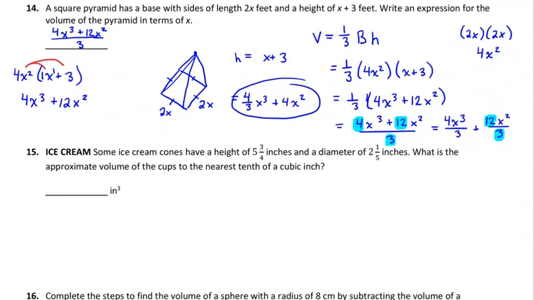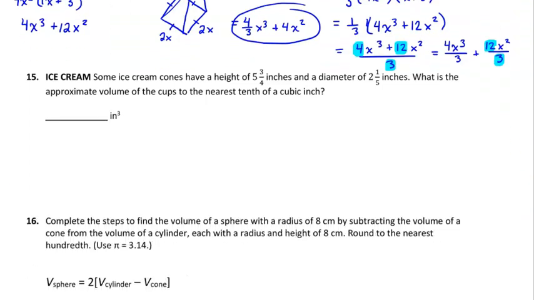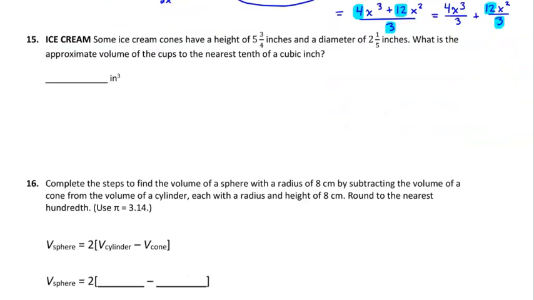All right, looking at number 15, it says some ice cream cones have a height of 5 3/4 inches, and then the diameter is 2 1/5 inches. What is the approximate volume of the cups to the nearest 1/10 of a cubic inch?